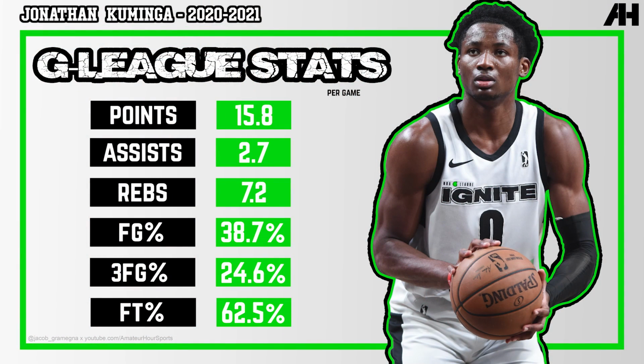It goes all the way down to 24.6%, and then you can go to his free throws where it is 62.5%. So evidently, shooting isn't quite there for this player. So how is he flirting with a top 5, potentially a top 4 pick in this upcoming NBA draft? Because those stats don't showcase a player that you'd like to take that early. But let's dive into the strengths to really gauge what type of player he is.